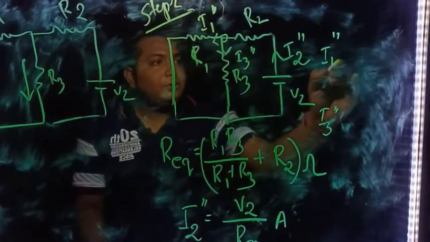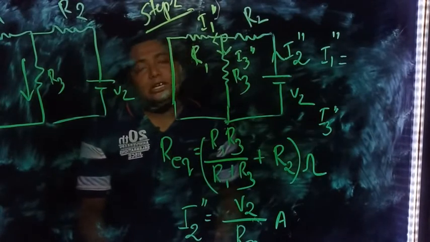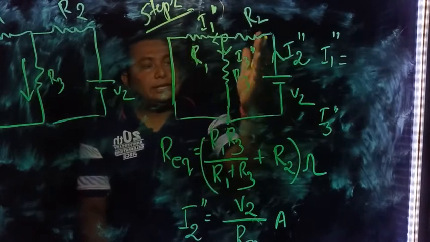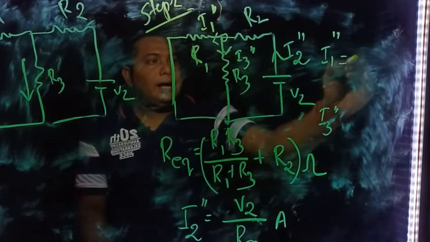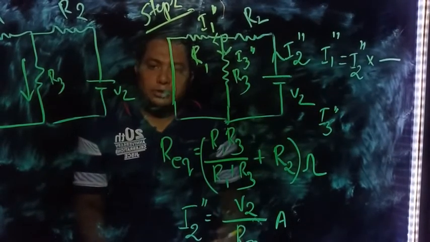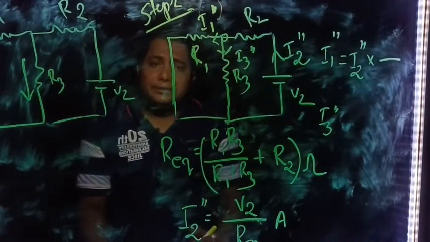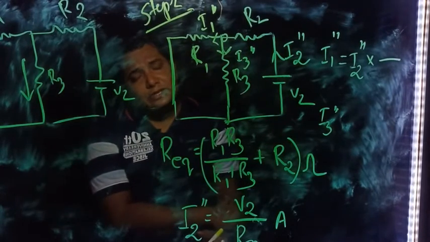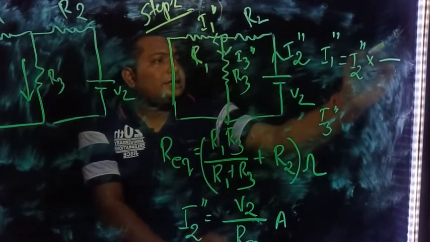So what is the formula? Again, the main current times the opposite branch resistance, divided by the summation of the two parallel resistances. So here in this particular circuit, when we are considering V2, the main current will be I2 double bar. So here we consider I2 double bar times the opposite branch resistance. We want to find the current passing through this I1, correct? Now when we want to find the current through I1, the opposite parallel resistance is R3.